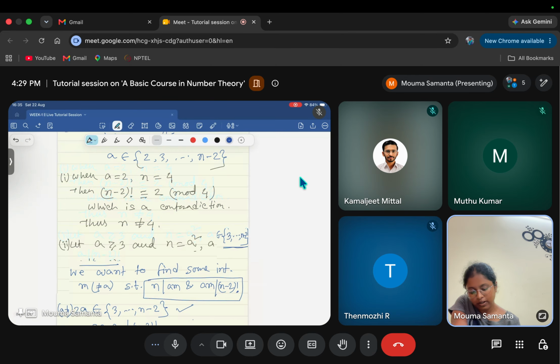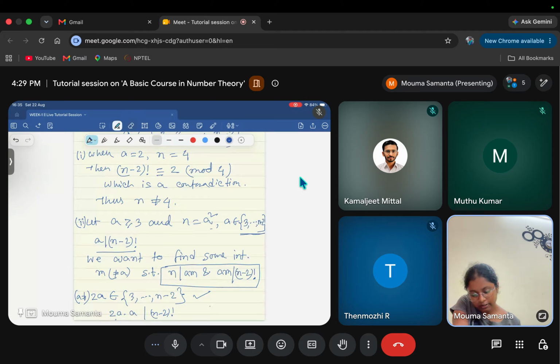But before that, what is the gap here? Here first we have to show this element 2a will also belong to this set. If you can remember, we have done one problem in the third or fourth week. There we have shown something like this.